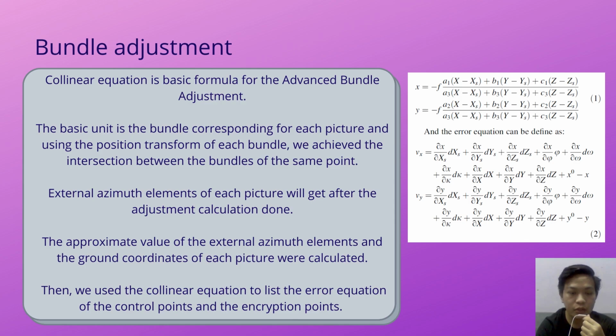The approximate values of the external azimuth elements and the ground coordinates of each picture will be calculated. Then we use the collinear equation to list the error equation of the control points and the encryption points. The first equation is the collinear equation, and the second is the error equation.